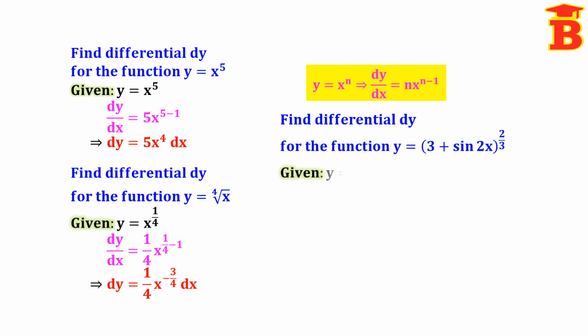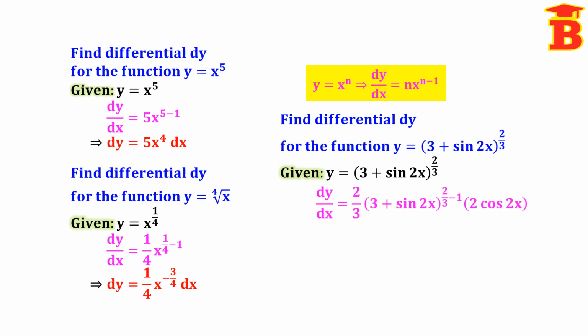So first write the given y equal to (3 plus sine 2x) whole power 2 by 3. Now dy by dx equal to, using the formula nx power n minus 1, so 2 by 3 into this bracket whole power 2 by 3 minus 1.